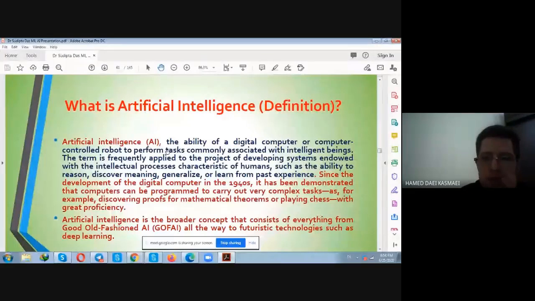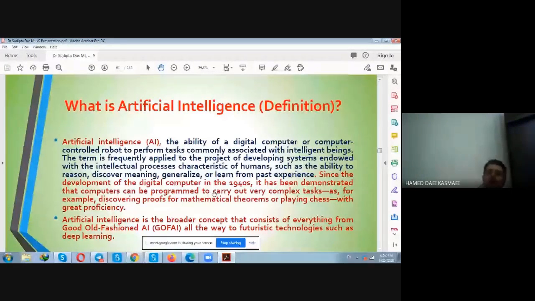AI is the ability of a digital computer or computer-controlled robot to perform tasks commonly associated with intelligent beings. The term is frequently applied to the project of developing systems endowed with the intellectual processes characteristic of humans, such as the ability to reason, discover meaning, generalize, or learn from past experience.